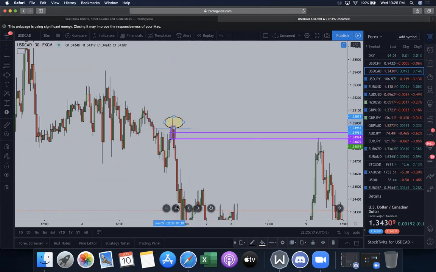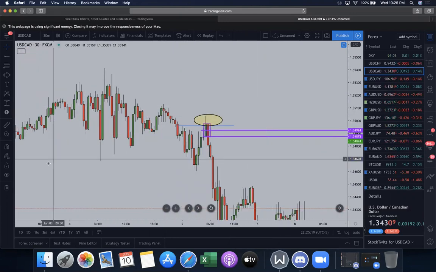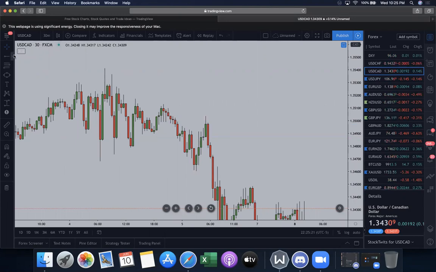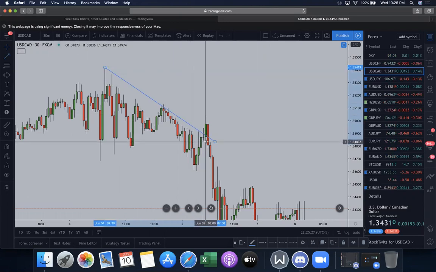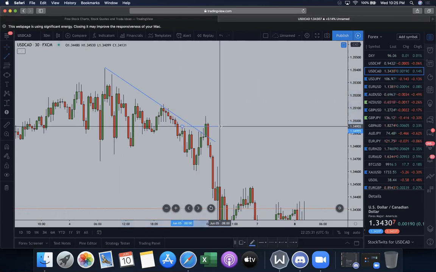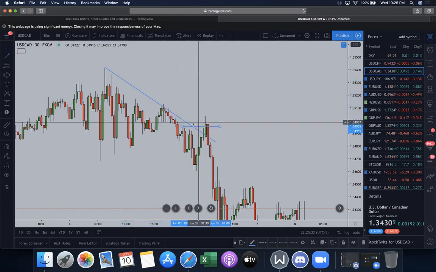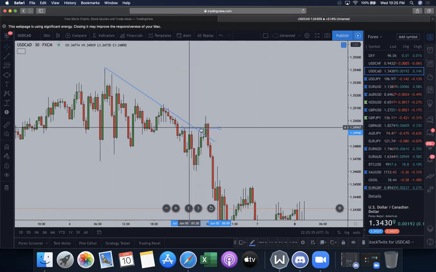Look at this. If we really zoom in here, let me just delete all this. See this trend line? Look at this bullish breakout. All the retail traders are buying above this. They have buy stops above the highs, catching this breakout trade.